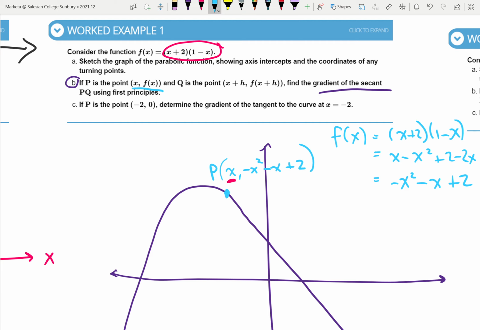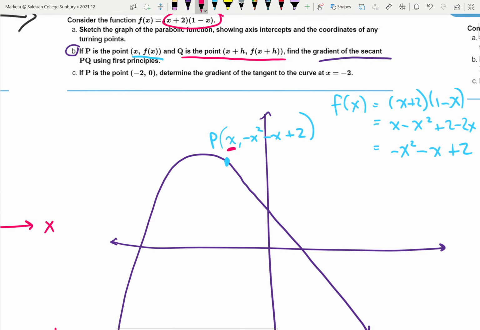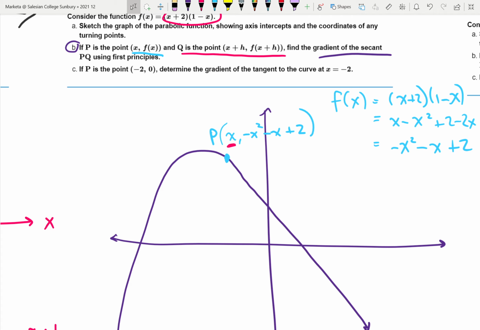And then the second point is going to be Q, and there it is here. And it's got this plus h thing here. Well, what is h? You may well remember from year 11. Actually, we will use a different colour. h is the distance between the two x values. And look, I'm going to make it quite large just so we can see a little bit more clearly. h represents the distance between the two x values.